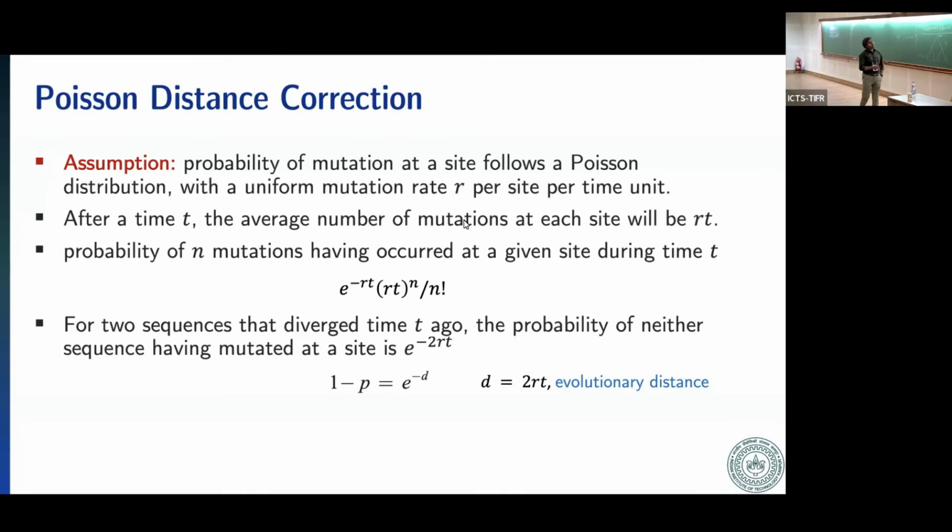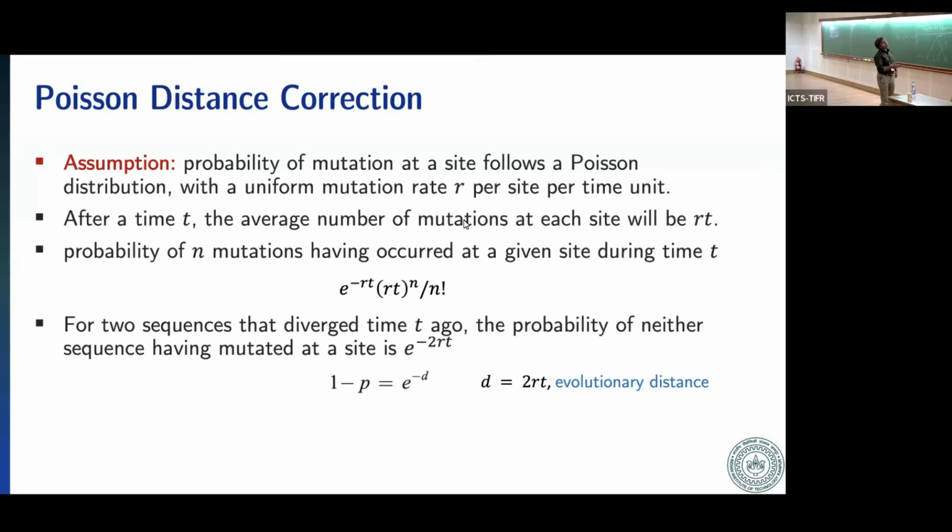So if that is the case, then 1 minus P, we can equate it to e to the power minus 2 RT. And we can say that this distance D, which is really the evolutionary distance, is basically 2 RT, because RT is the average number of mutations in one sequence, right? So RT in one sequence, RT in the other sequence, we are getting 2 RT.